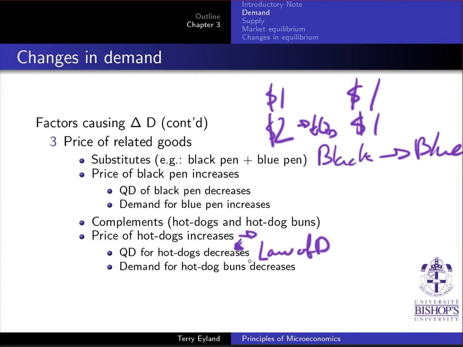So this is something that companies keep in mind when, let's say, you're selling video games and video game consoles. You have to keep in mind that as the price of one changes, it's going to have an influence on its own demand, but it's also going to have an influence on the demand of complement products.